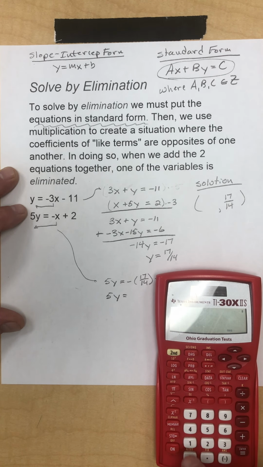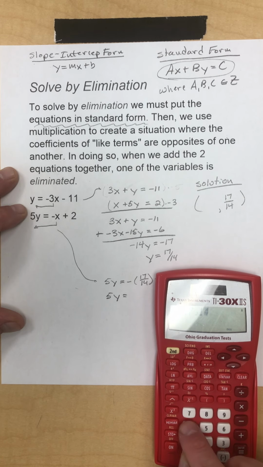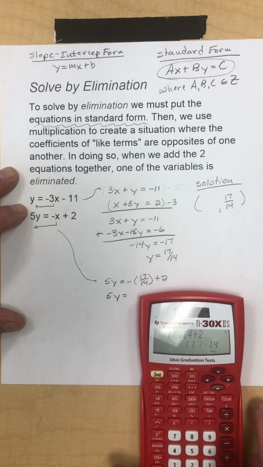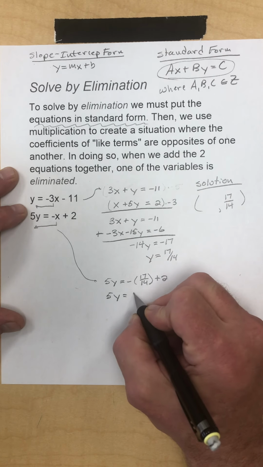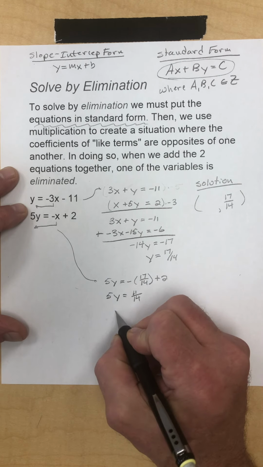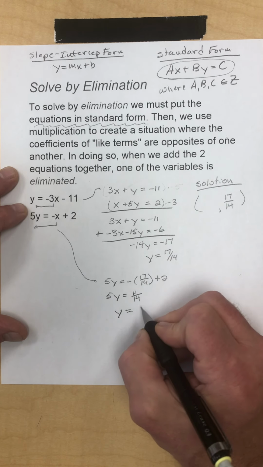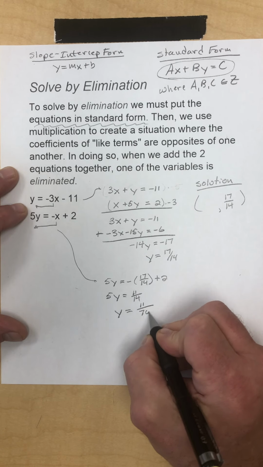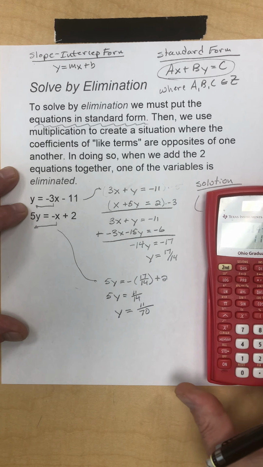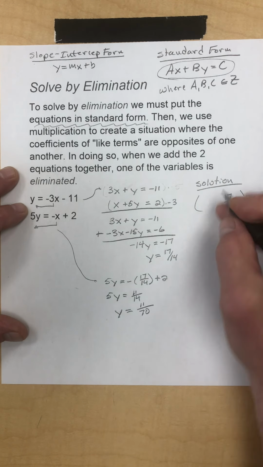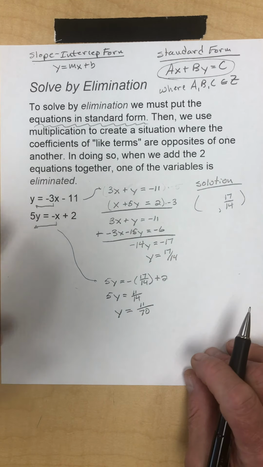So we get the opposite of 17/14 plus 2, and we get 11/14. And then I divide both sides by 5, so I'm going to get y equals 11/70. I'm pretty sure. If I take that and divide by 5, yeah, 11/70. So that is my y.